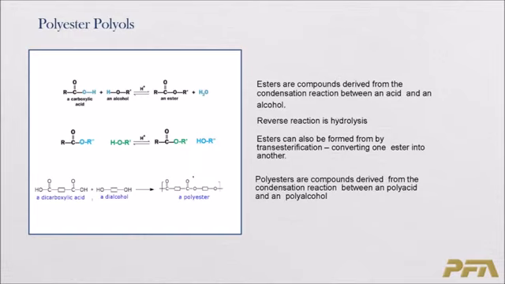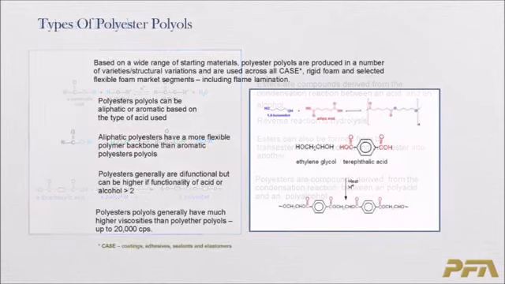Again, there's a lot of variables here where you can have either aromatic or aliphatic, typically common ones are based upon something like ethylene glycol and terephthalic acid. Most of these polyesters are difunctional. They're very, very highly viscous. Can easily be 20,000 centipoise, whereas a typical conventional polyol is only a few hundred centipoise.